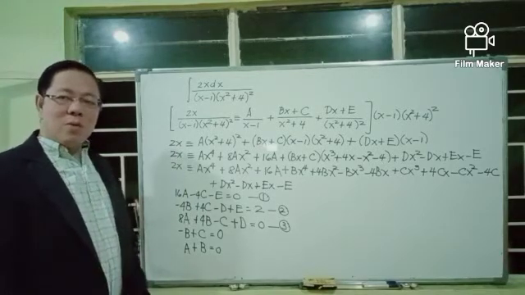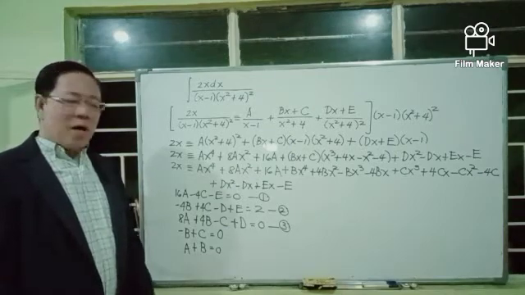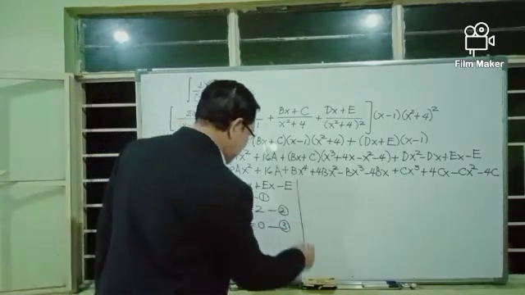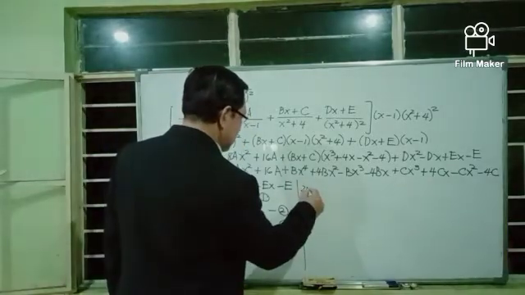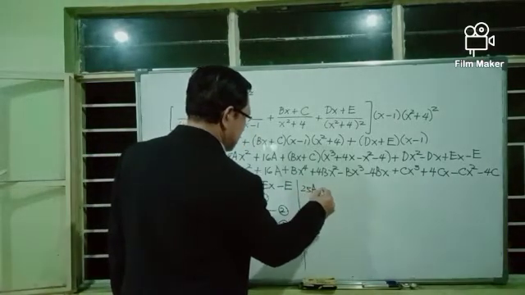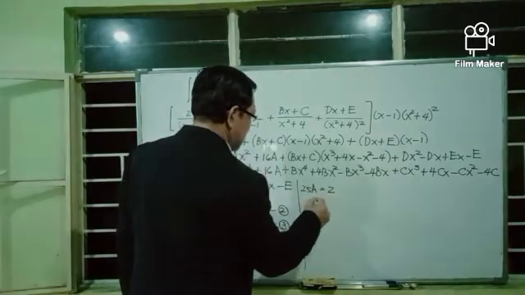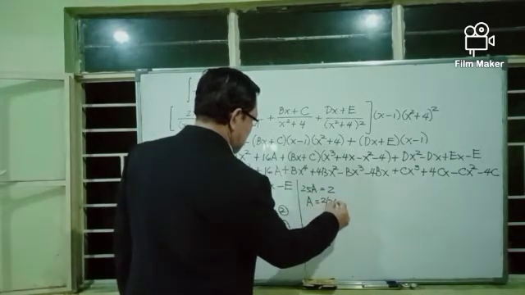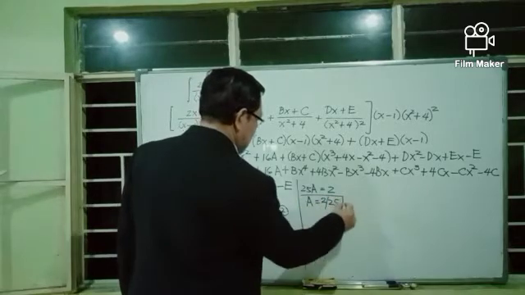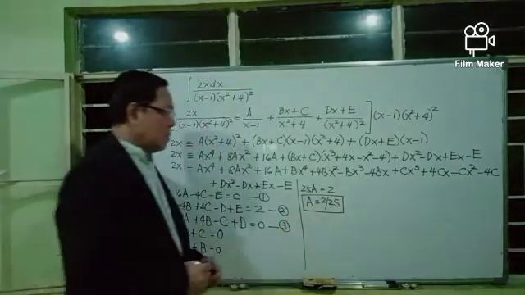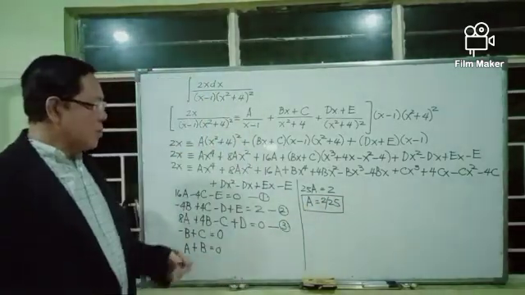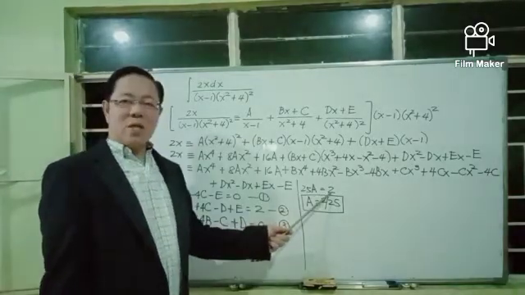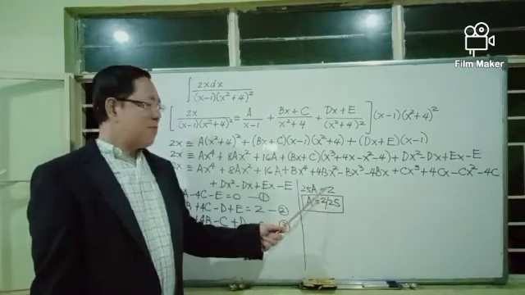So 2 is equal to 25a. Or a is equal to 2 over 25. Divide both sides of this equation by 25.